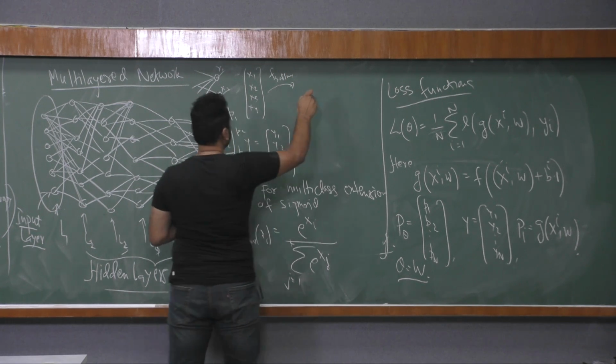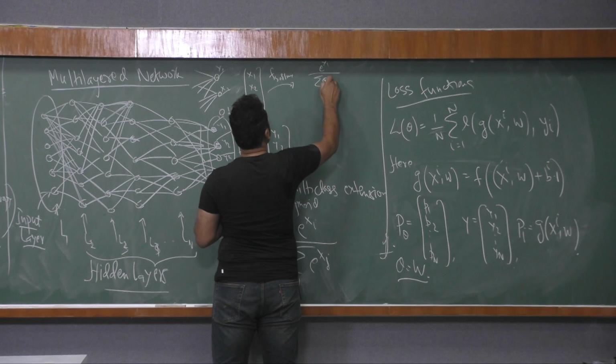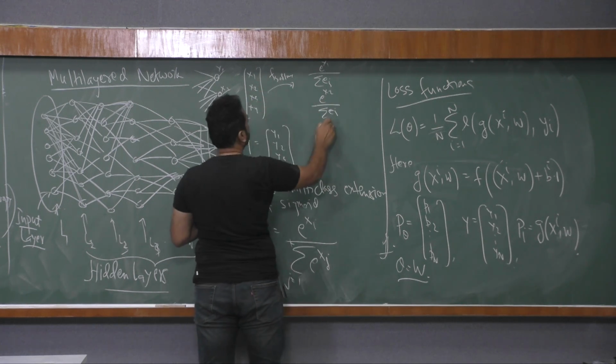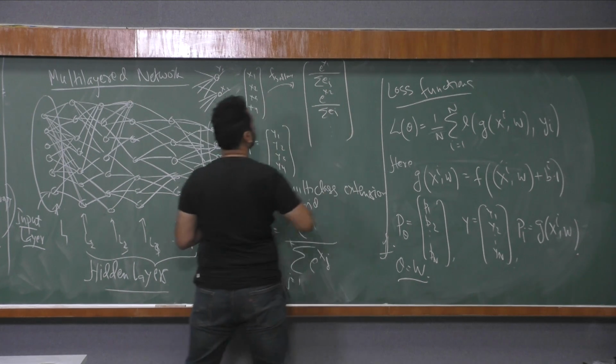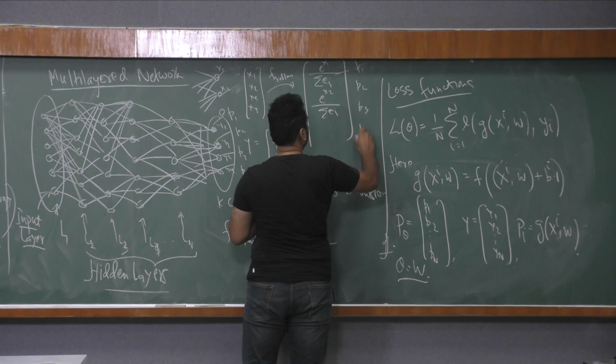And then as a next step, I will apply the softmax f, and it will be e to the x1 divided by the sum of e to the xj, and then e to the x2 divided by the sum of e to the xj, basically the sum of these, and so on. This is what I'm calling p1, p2, p3, p4.